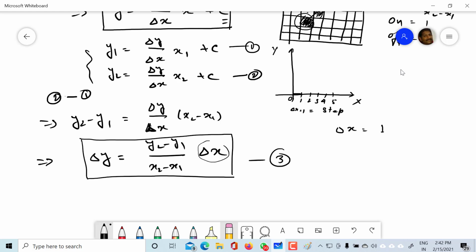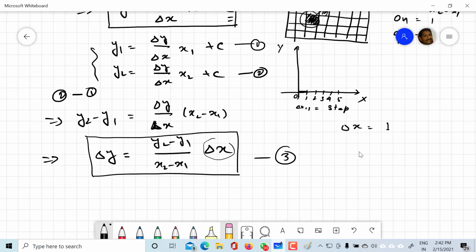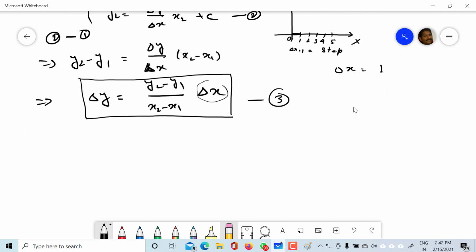So in every step the value of delta x is 1, and we have to calculate the value of delta y accordingly. But if you are taking delta y as the base, then this equation will be modified like delta x equal to x2 minus x1 upon y2 minus y1, times delta y.